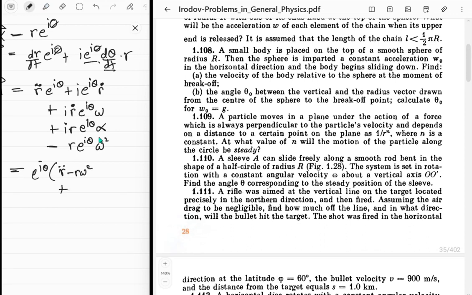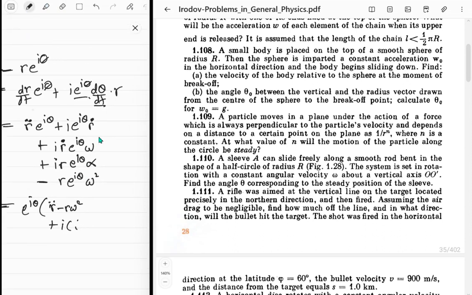Plus iota times r dot, and this is weird. Why is there the r? It's like two r dots, and why is there no omega right there? There should be. If I'm taking a derivative of this thing, it has to have an omega. I should have missed that, and otherwise it's correct.